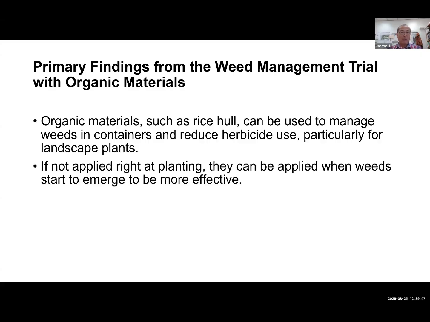For the time of application, if you didn't apply the rice hull at the time of planting, you can apply those materials when you see the weeds start to emerge.